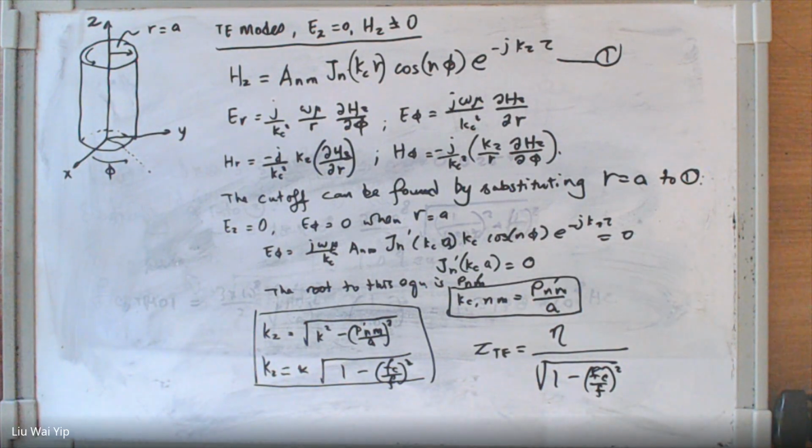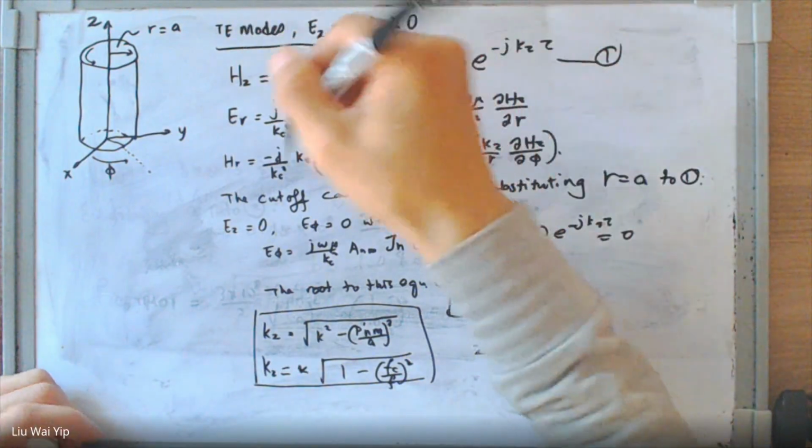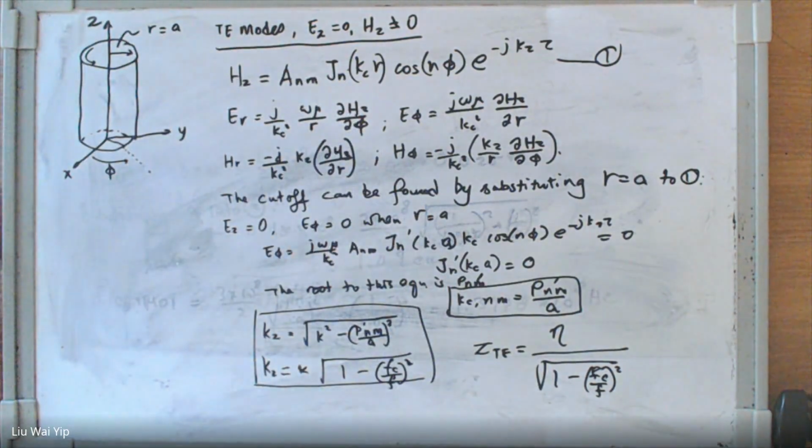But you might also want to know TM mode. Actually you only need to memorize the formula in the black box. But how about TM? For TM, you will have a different set of equations. And I'm going to pin up the right box first.